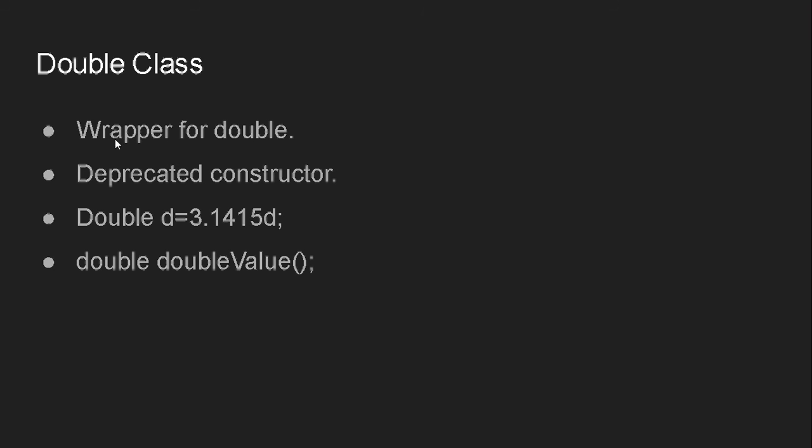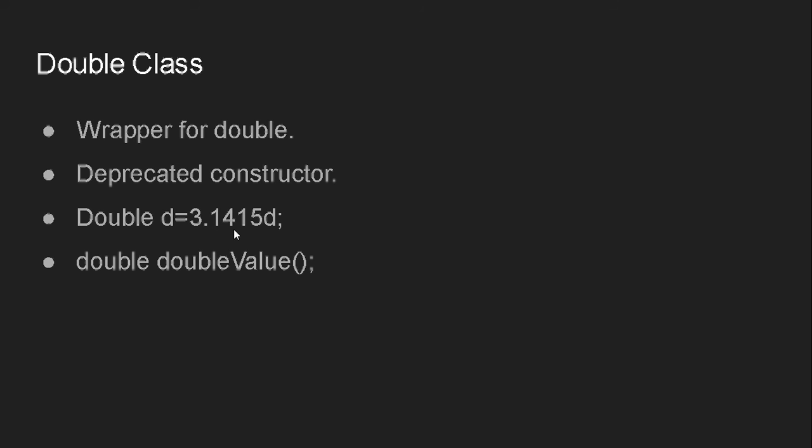Then if you want to store the value, we can do that by using this particular statement, double d equals 3.1415d. So this is the value of pi. After pi, I'm appending d. Now one thing to remember is that this will work even if you don't write d, because if you define a decimal in Java, it is double by default.